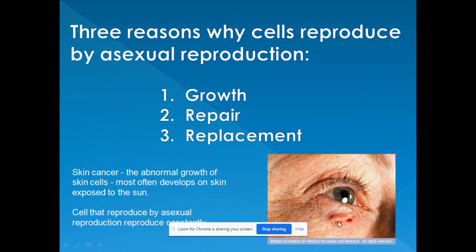Every time you receive way more radiation than your cells can absorb, it affects the cell division process, and you start dividing way too fast, in a way that you cannot control. Cells that reproduce by asexual reproduction reproduce what we call asexually.